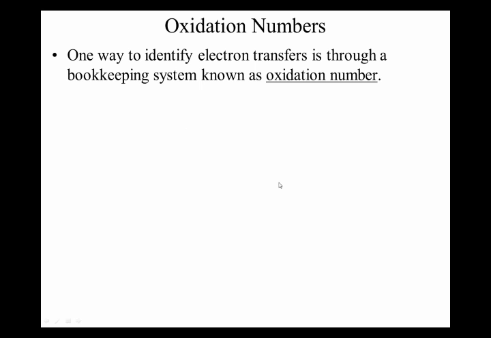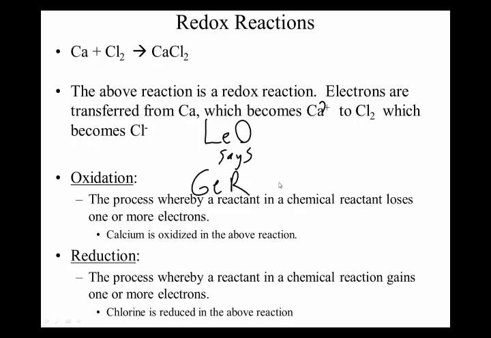So the reason we need this is, okay, the loss and gain of electrons is very simple when you look at something like calcium reacting with chlorine, right? Calcium lost electrons and is oxidized, so chlorine gained them and is reduced. That's easy.